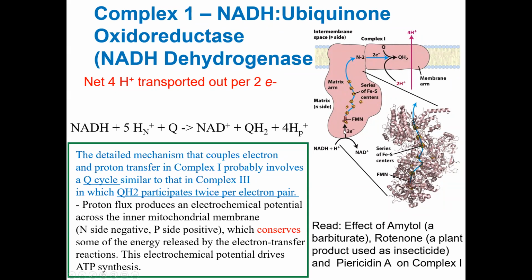The structure of complex 1 is shown here on the right hand side, and you can clearly see that there is an N-2 arm of the NADH dehydrogenase, and then there is another arm, what we call the membrane arm, that is actually right there in the membrane. It turns out that the matrix form of the NADH dehydrogenase crystal structure has been solved at the atomic level. So you can look at all these redox centers, how they are organized in this protein.